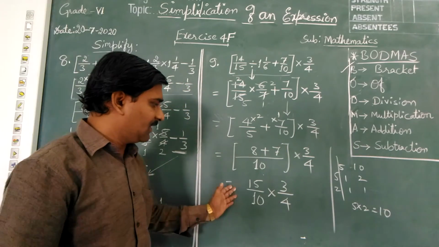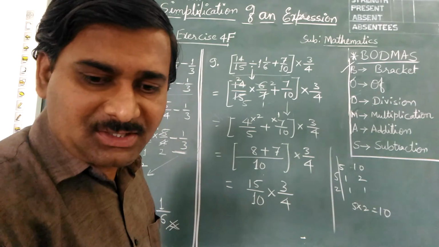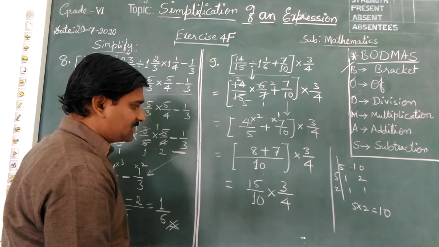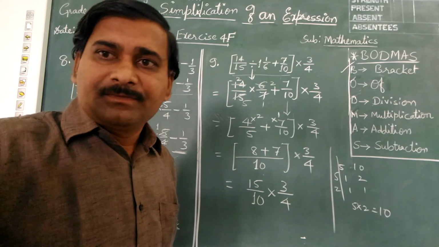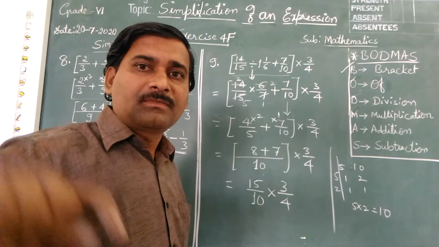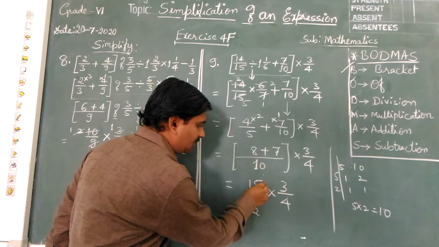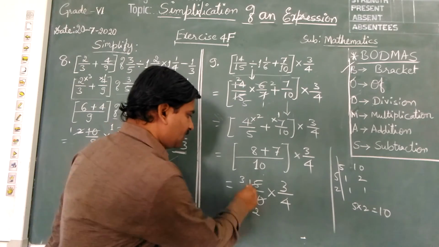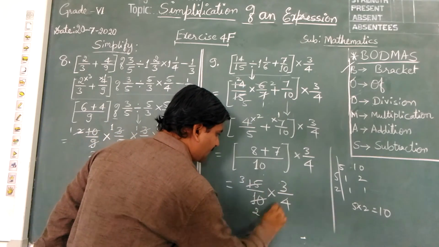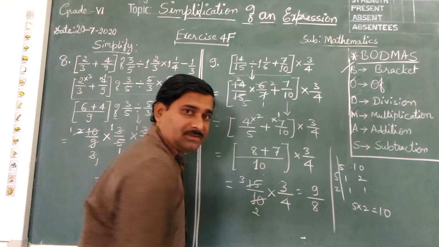Any possibility of cancellation? Any possibility of cancellation? No. So what you will do is, yes children, we can cancel here. 5 twos are 10, 5 threes are 15. So 3 3s are 9, divided by 4 2s are 8.